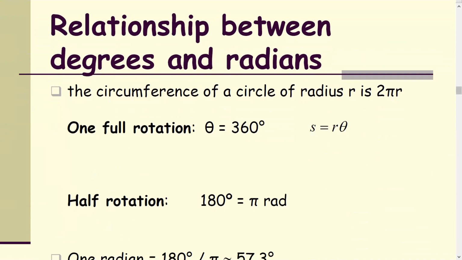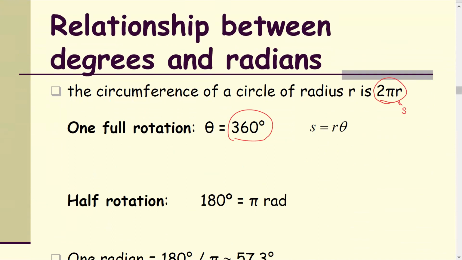Relationship between degrees and radians. Recall the circumference of a circle of radius r is 2 pi r. One full revolution is 360 degrees, and the circumference is the arc length, or s. From this relationship, s equals r times theta.